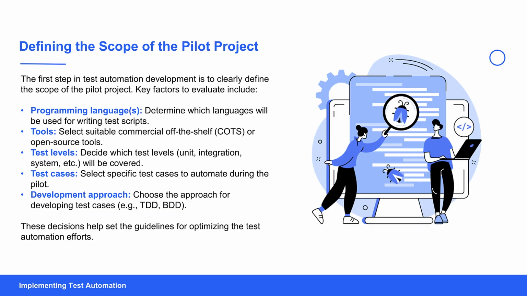You'll also need to decide which test levels you're going to cover, such as unit testing, integration testing, or system testing. And finally, you'll select the specific test cases you want to automate and determine the best approach for developing those test cases, whether it's something like TDD, test-driven development, or BDD, behavior-driven development. All of these decisions will help guide and optimize your test automation efforts.